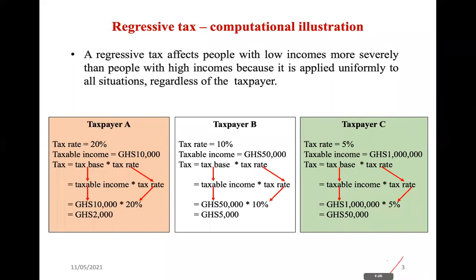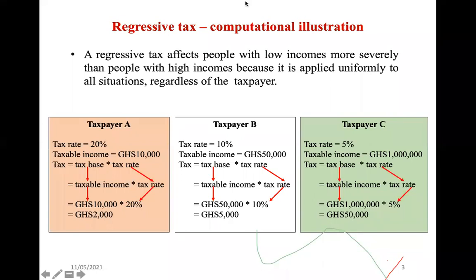And we said that regressive taxes are the opposite of progressive taxes. So once again, let's look at the mathematical illustration here using taxpayer A, taxpayer B, and taxpayer C.